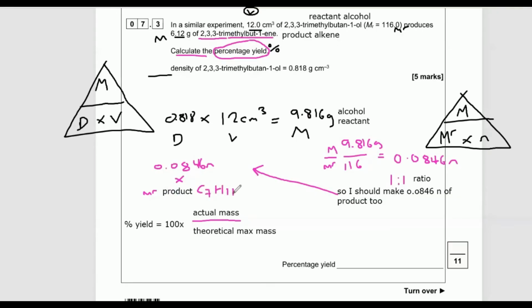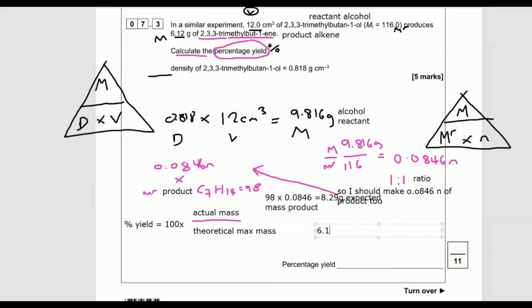That means there are 7 carbons, C7. Remember the formula for alkenes is CnH2n, so just double the number of hydrogens. So C7H14, which has an Mr of 98. So times that by the number of moles we should make, and it tells us that the expected mass is 8.29 grams.